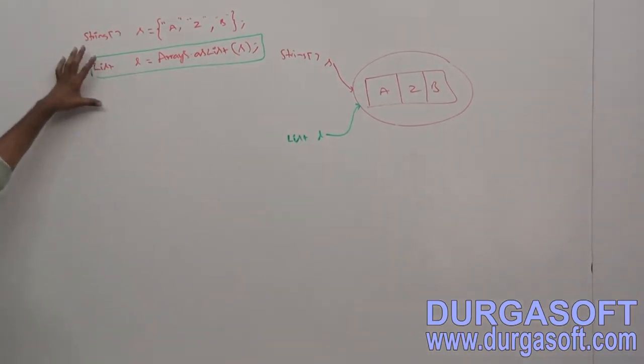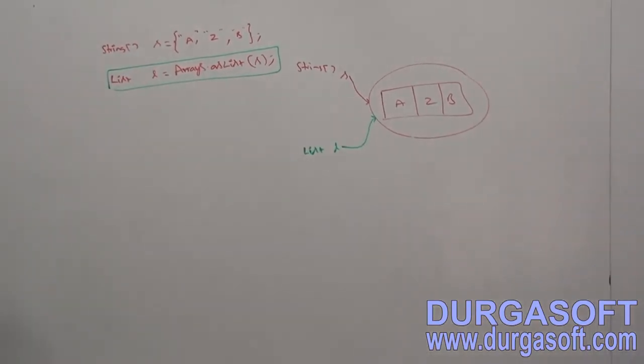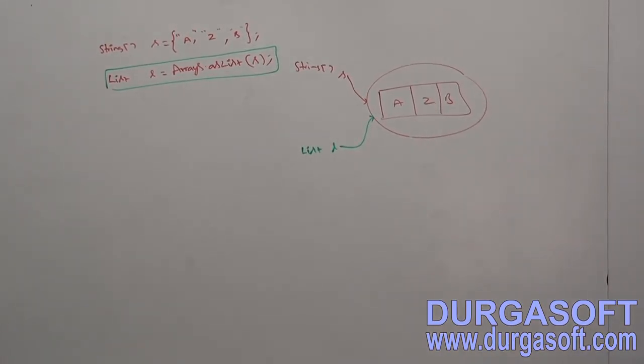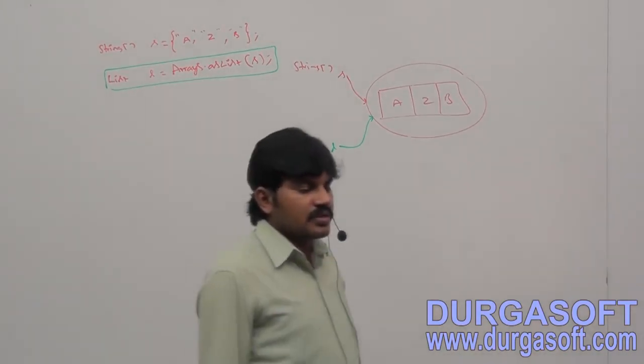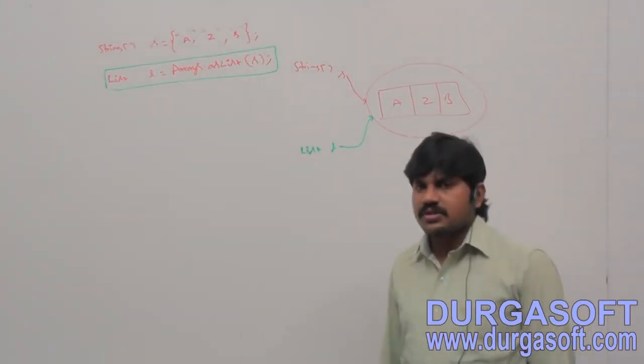Take this diagram: String array s is equal to a z b. Take the code and the diagram also. Here there are just three conclusions, which I will explain.